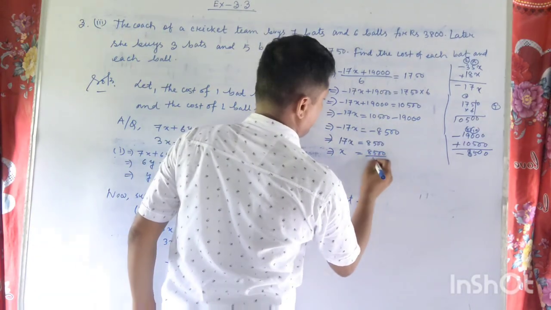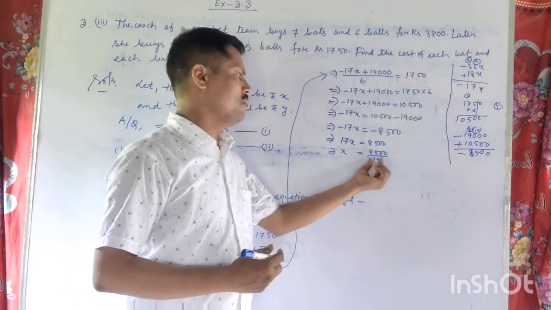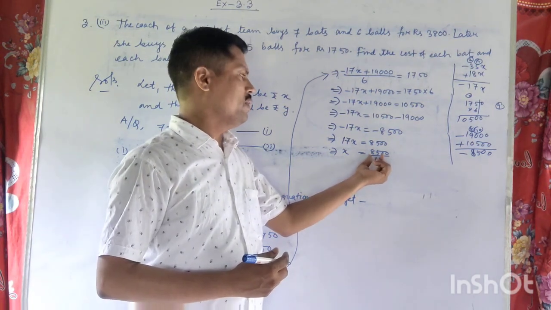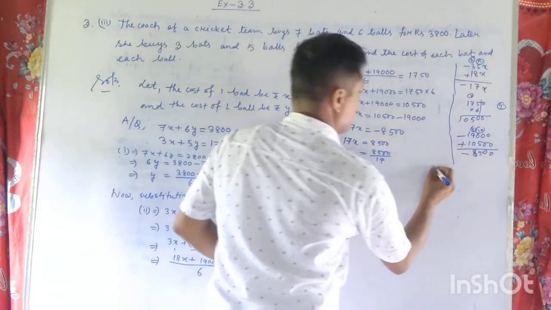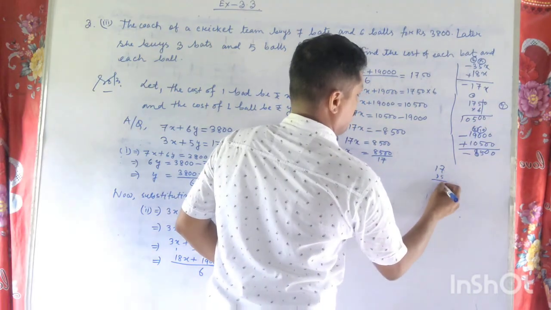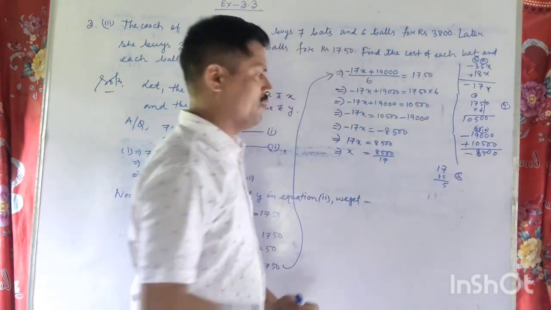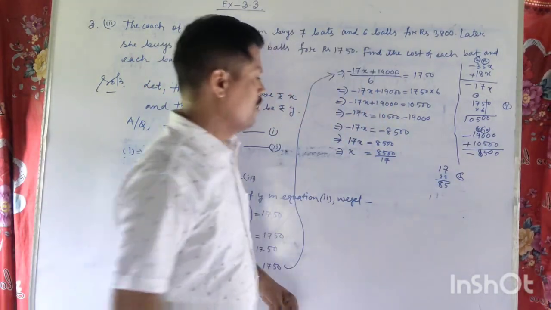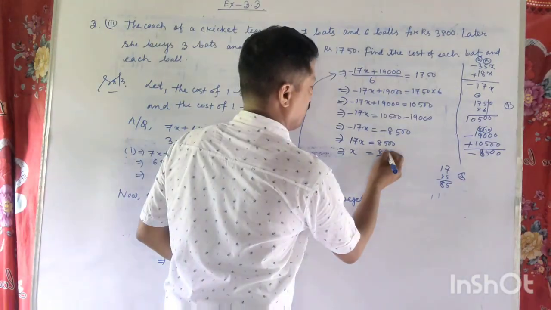8,500 divided by 17. So how many times we can divide 8,500 by 17? We know 17 into 5 is 85, so 17 in 85, 5 times can give.